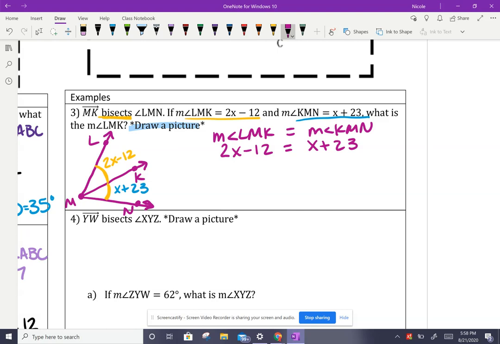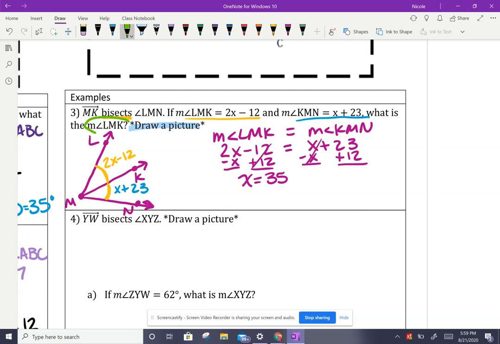And from here, I will follow my order of operations and get my x by itself: subtract out the x, add the 12, and I get x is equal to 35. Now I want to go back and double check what the question is asking me. Is it asking me to find just x, or does it ask me to do something else?